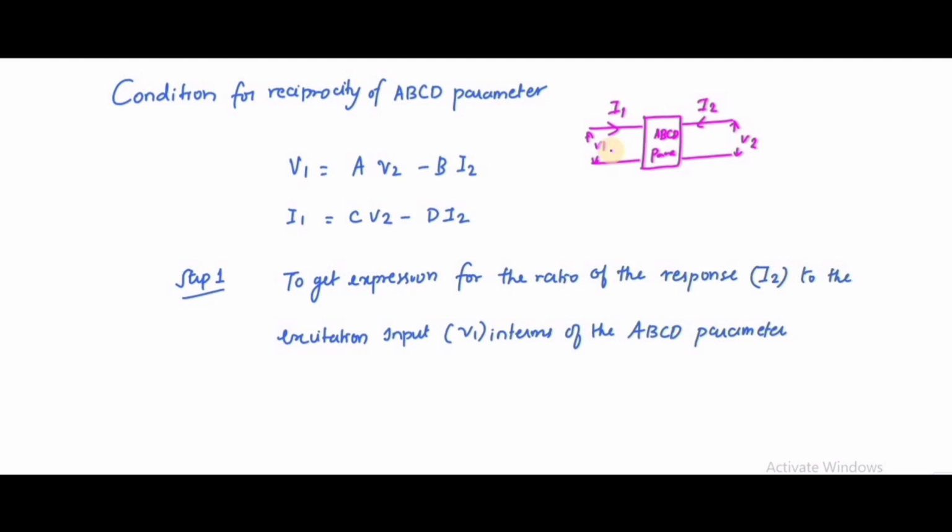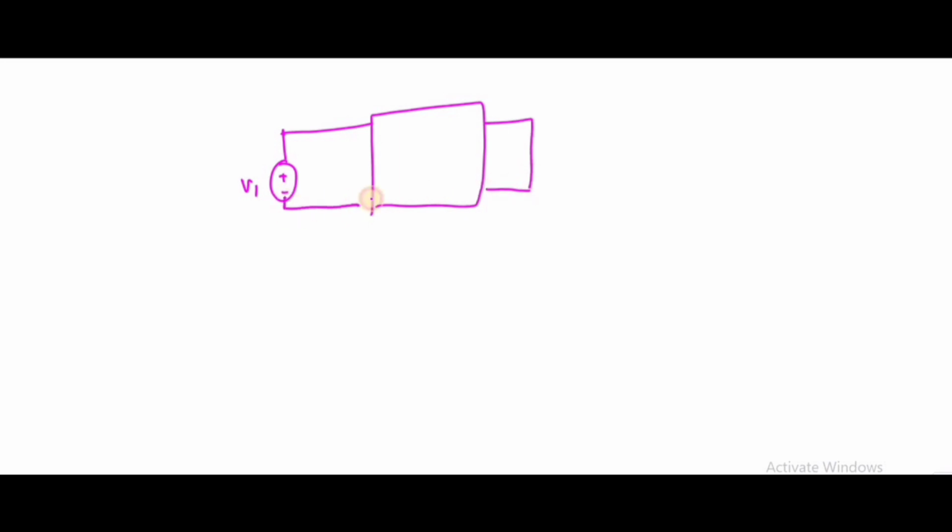This is how the two-port network is. For the first step, we connect V1, and I have shorted V2 because we need to find I2. To find the minus I2 value, the output current flows in this direction.